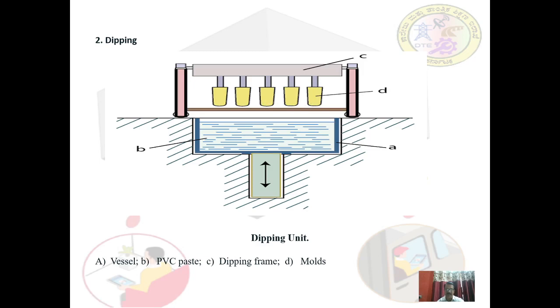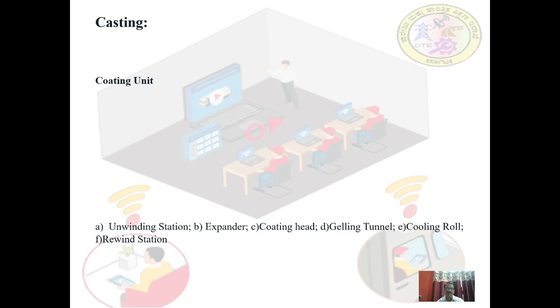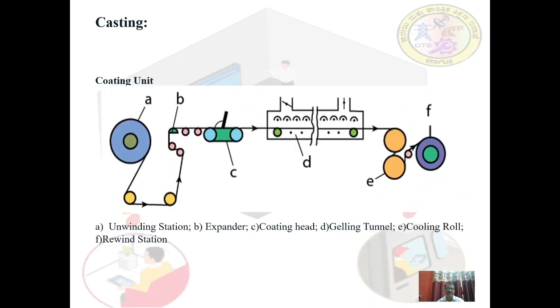Third one is coating. The coating unit is like this. A, unwinding station.